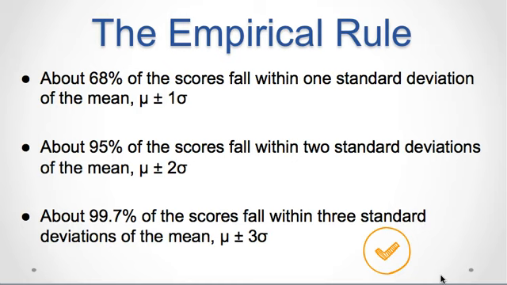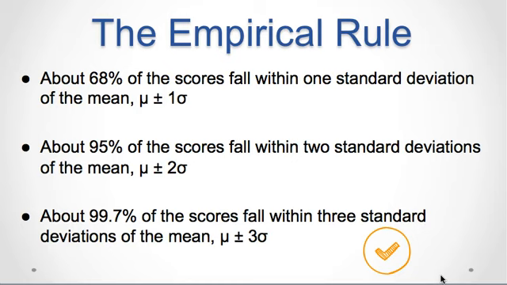The data in a normal curve are distributed or spread out according to a rule known as the empirical rule. The empirical rule is a very useful and important rule that is used in statistics and probability to make rough estimates about the data. The empirical rule states that approximately 68% of the data will fall within one standard deviation of the mean, plus or minus 1 sigma.